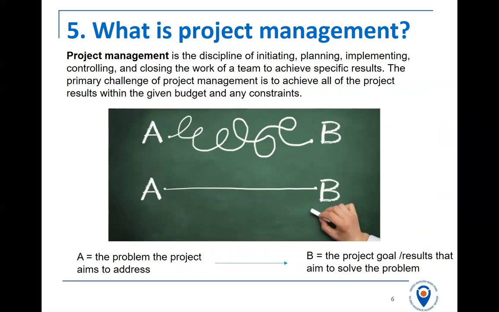The journey will not always be simple. In this illustration, at the bottom there is a straight line. At the top, from A to B, there is a wiggly, squiggly line. And the reality is that change is never linear.